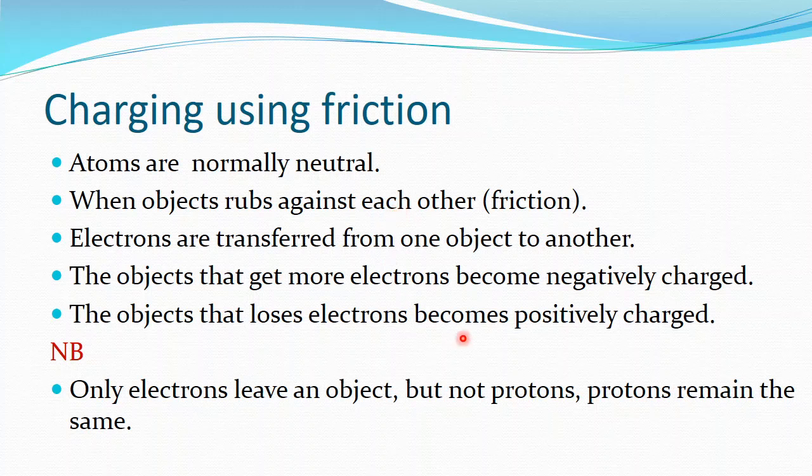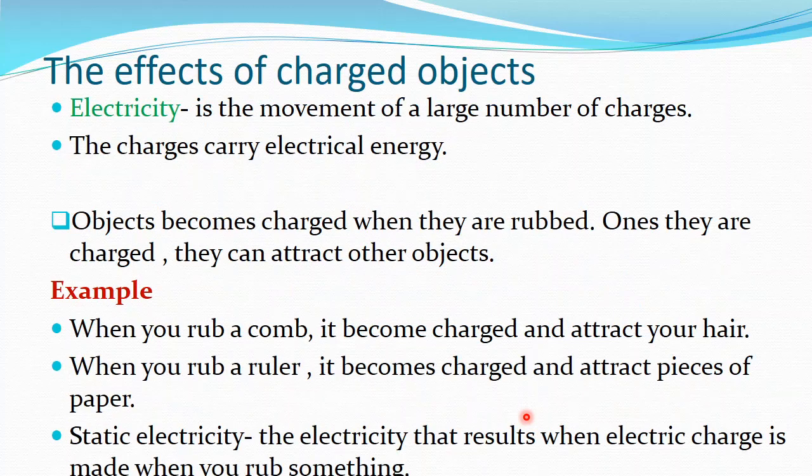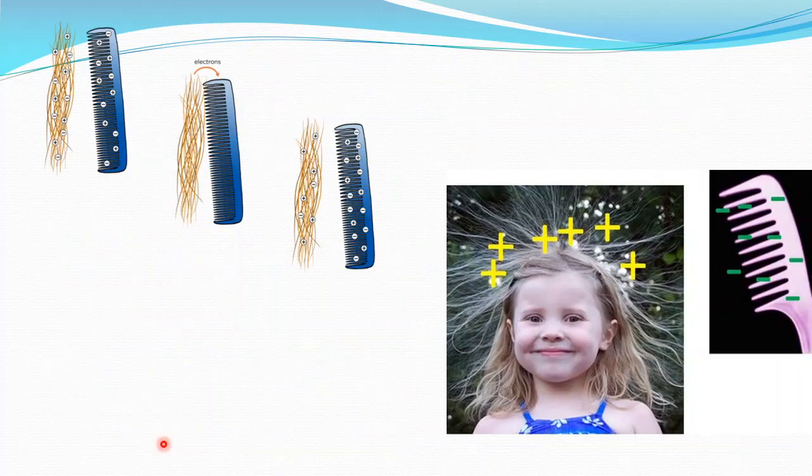Electrons leave an object, but protons do not leave an object or an atom. We defined electricity, and we also defined what static electricity is, and we gave you the example that we discussed earlier in the form of a picture.